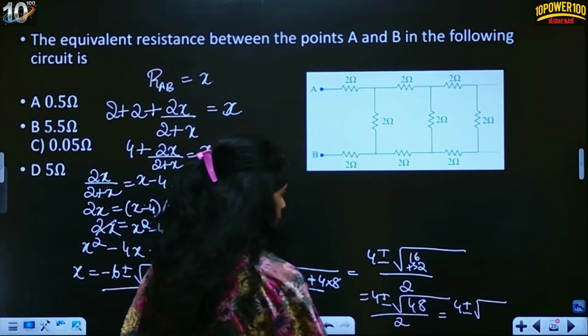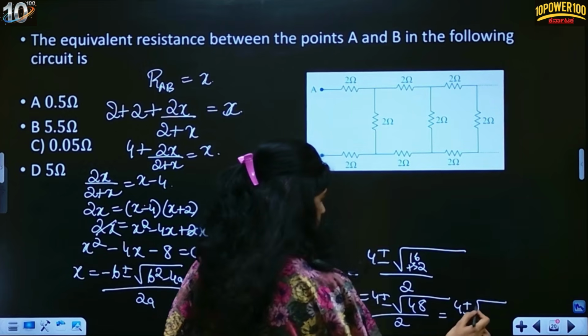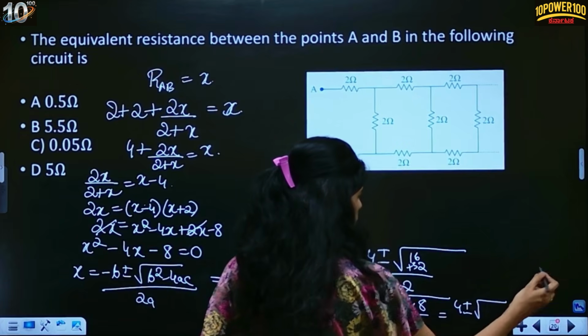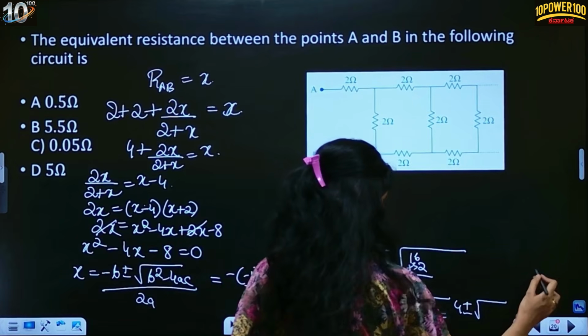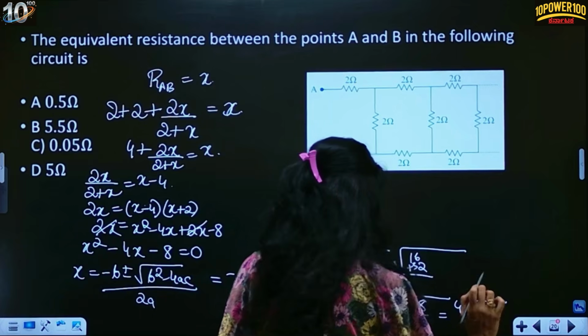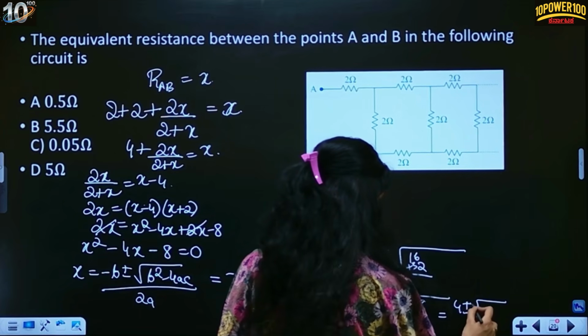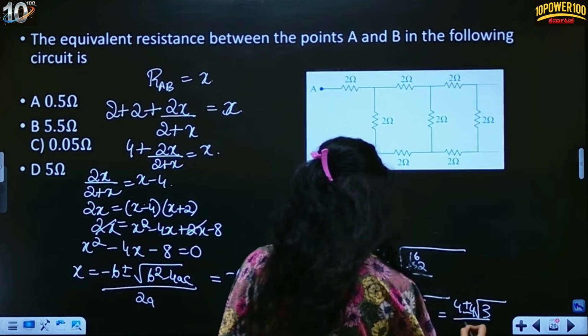How much can you take it as? 48 is 16 into 3, right? So root of 16 is 4, root 3, divided by 2.